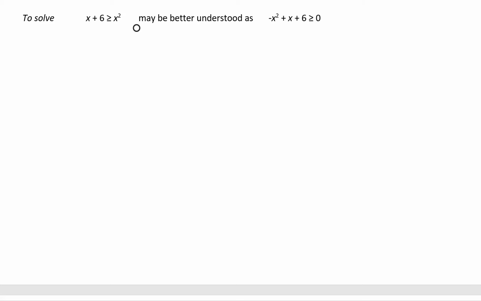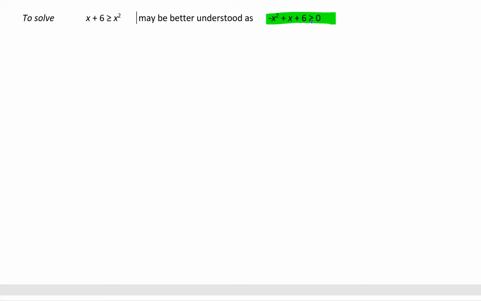And I'm going to say, well, let's rewrite it in this format, and hopefully you can see where that came from. So all I've done is taken the x squared to the left-hand side and sat it here, so minus x squared plus x plus 6 is now greater than or equal to 0.